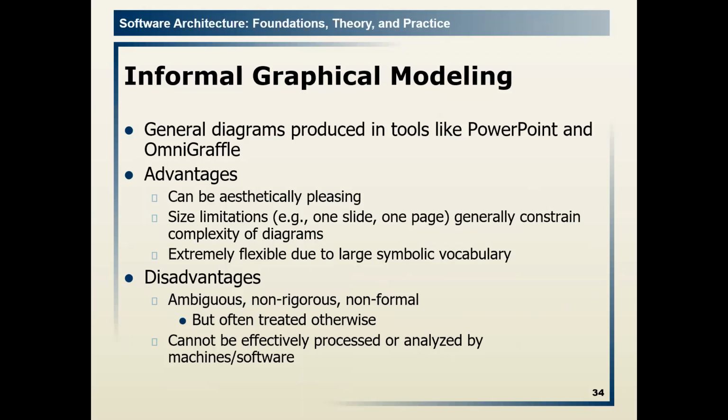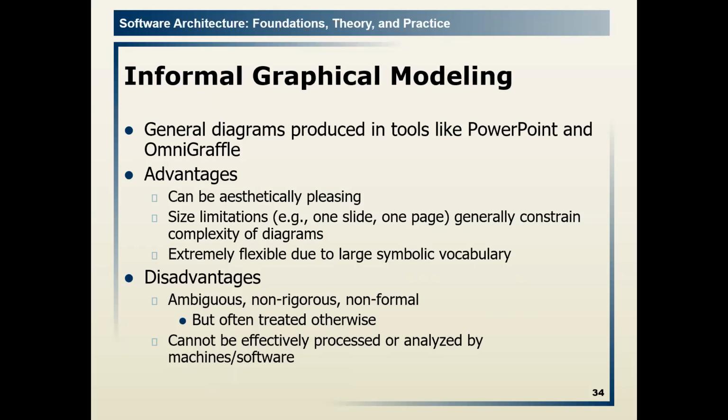Then we have the informal graphical modeling. So things like the flowcharts that you learned in the earlier programming languages before you learned UML, remember? Flowcharts and various diagrams you learned at school to model how to program, right? So these are known as informal graphical modeling because there are no universal rules.